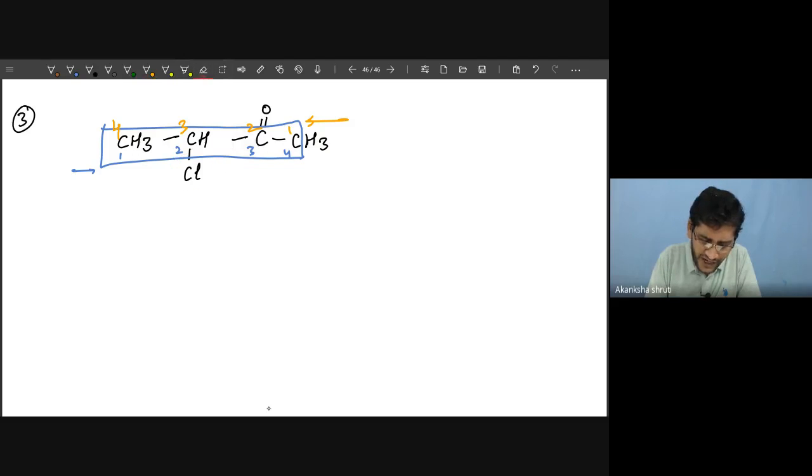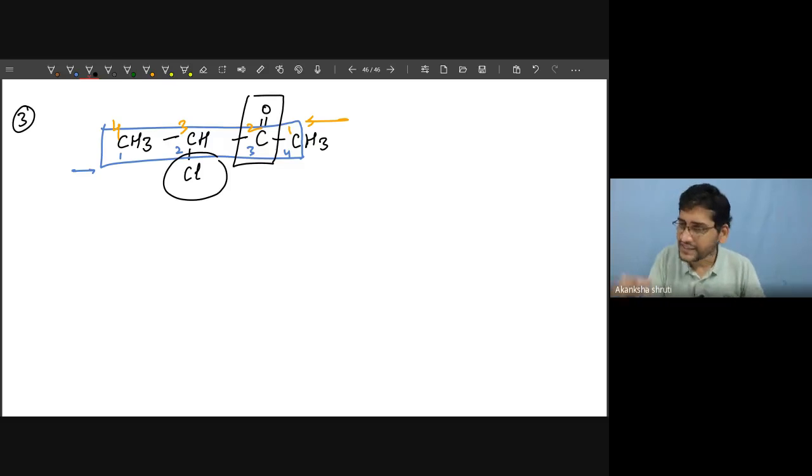So this methyl itself will be considered as prefix. The other one is our ketone group itself. So here we have to consider these two, this as well as this. Here in this case, we have two things. One is our ketone.